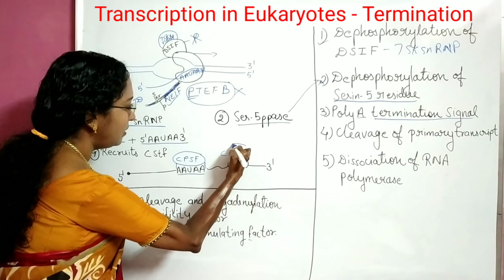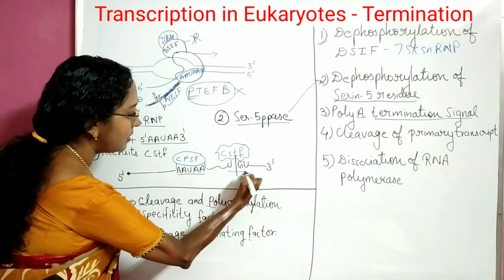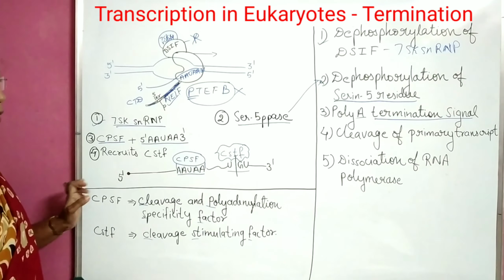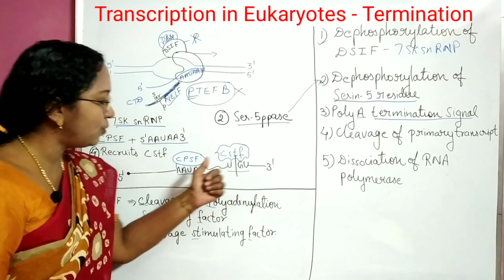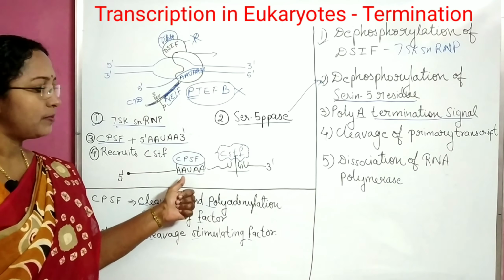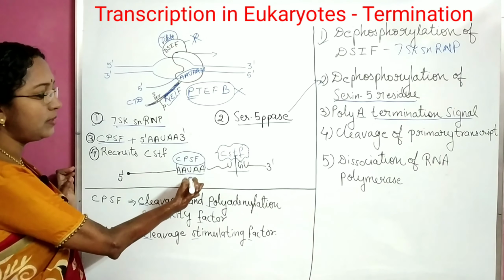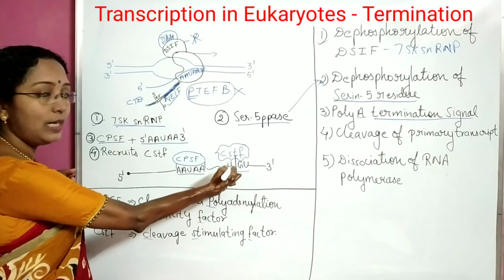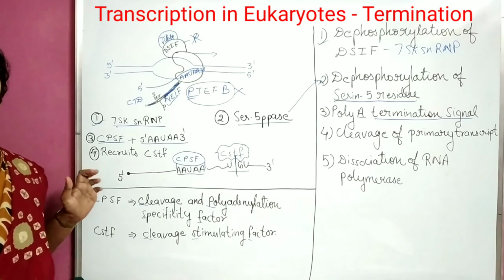Now this CSTF binds over another signal called the U or GU signal, which is there downstream of this particular termination signal. Okay, so these are the two things. CPSF binds over the termination signal and CSTF binds over another signal that is further downstream of the actual termination signal.